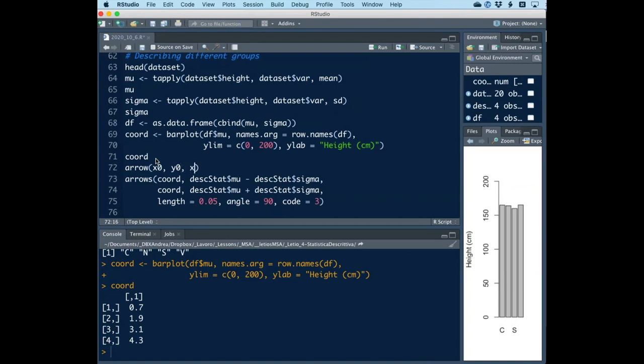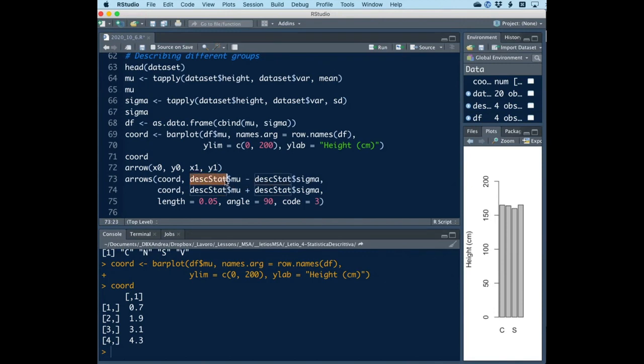Then we have the x coordinate for the arrival point, and the y coordinate for the arrival point. So in our case, the x coordinate for the starting point is coord, the center of each bar. Then we have the y coordinate for the starting point, that is the mean minus the standard deviation.